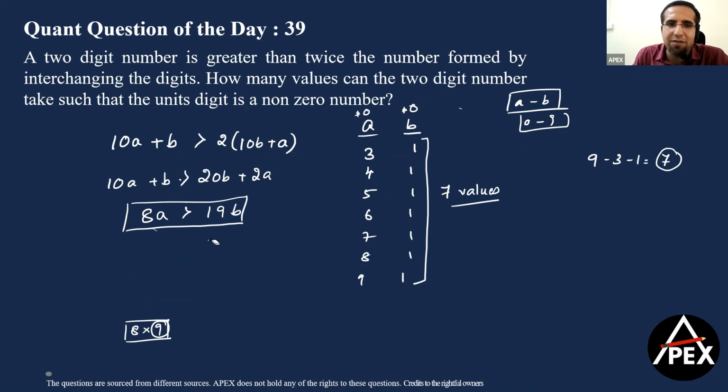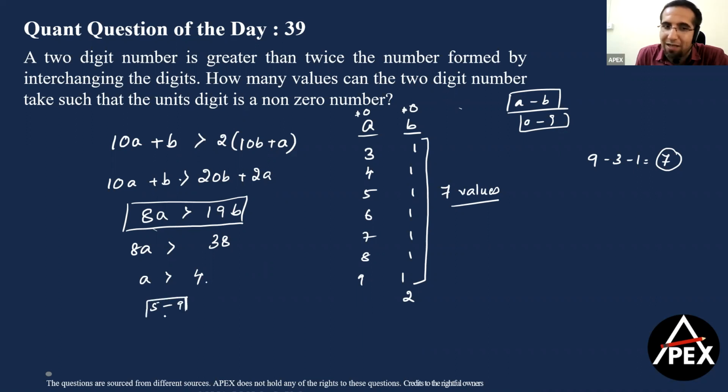Now let me take the value of B is equal to 2. If I take B is equal to 2, then what do I get? 19 twos. What is 19 twos? 19 twos is 38. Now if I want 8A is greater than 38, that means A is greater than 4 point something. If A is greater than 4, all the values that A will take will be from 5 to 9.